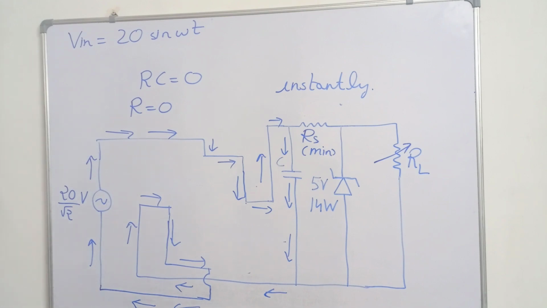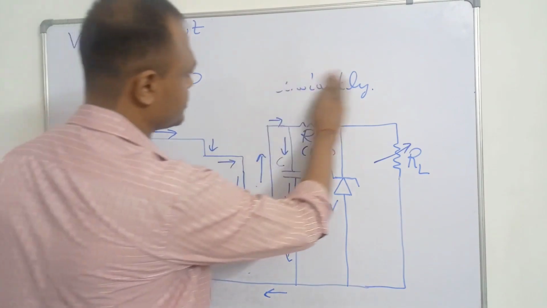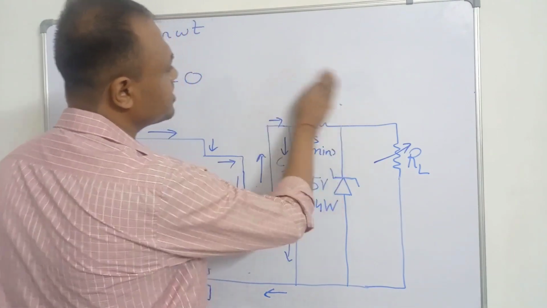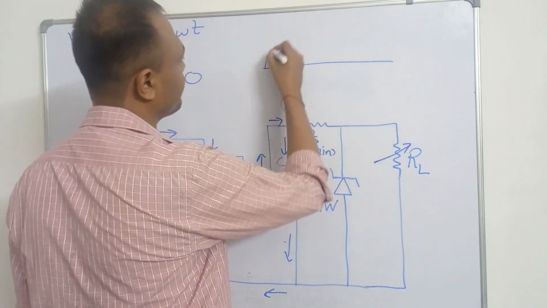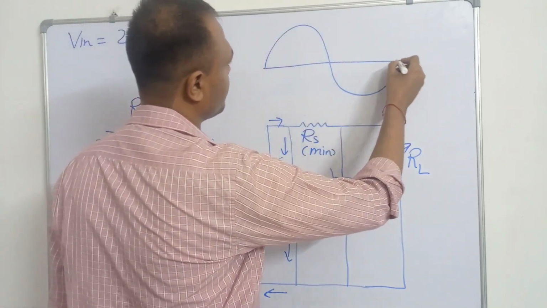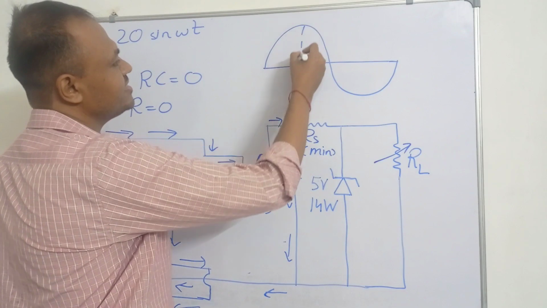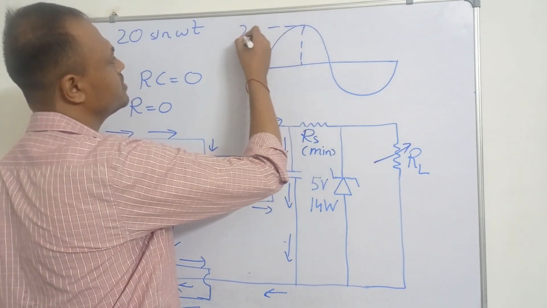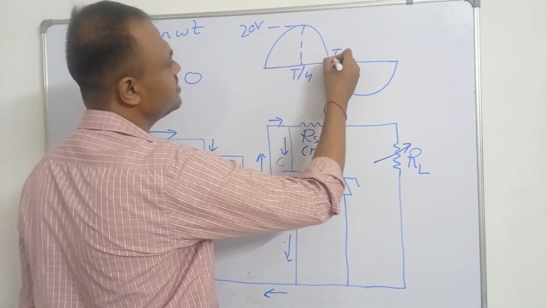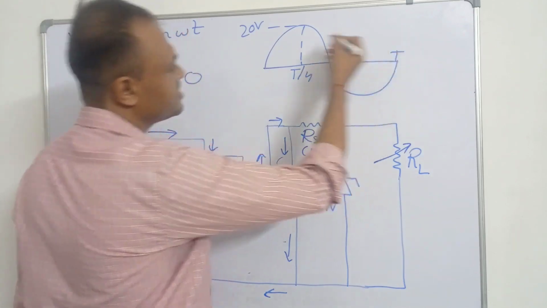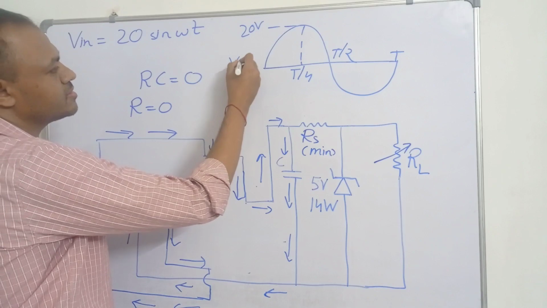If we see the curve of the input voltage, it will be like this. This is a full cycle, and this is your input voltage V in.